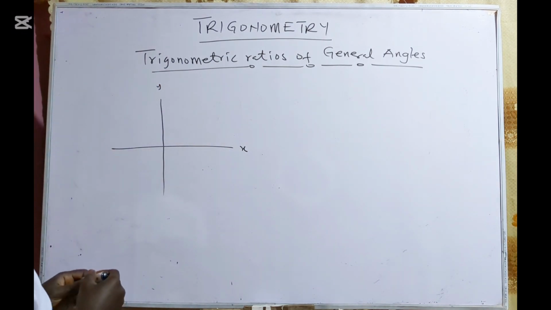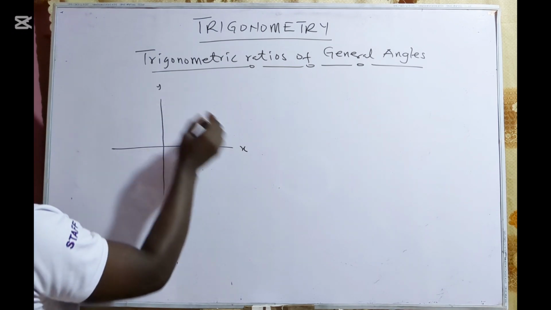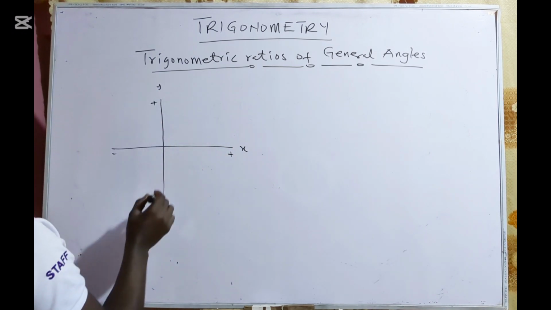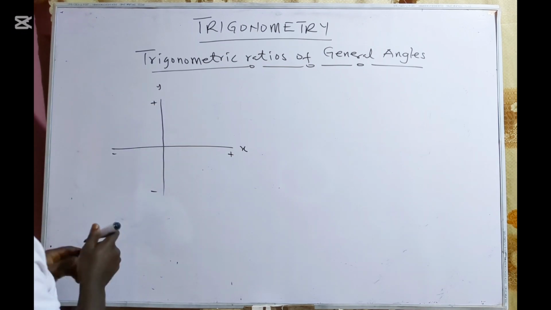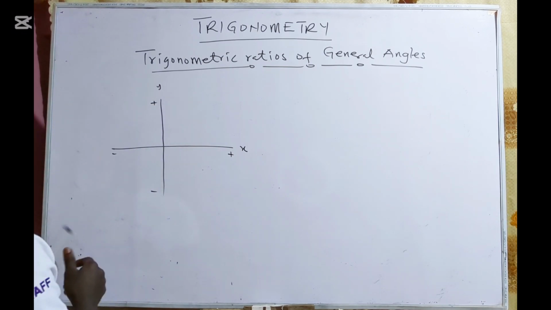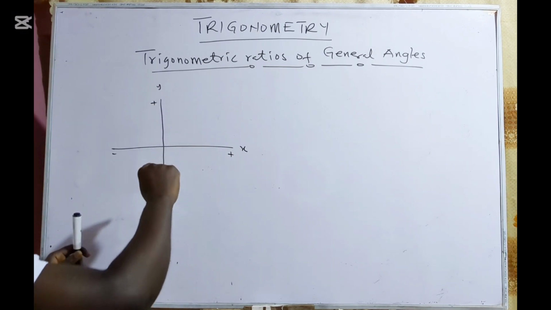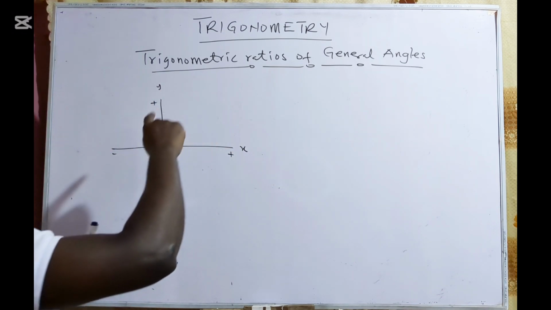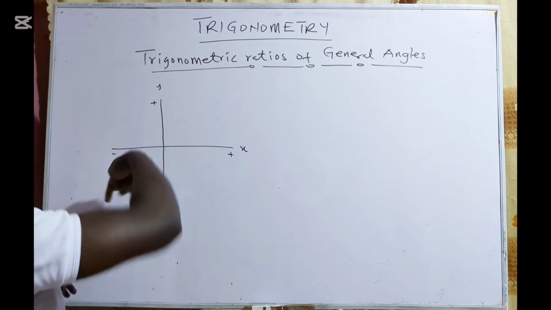Angles are measured from the positive x-axis here, the negative, the positive y-axis, and the negative y-axis. So we measure the angle from where? From the positive x-axis in an anti-clockwise direction, anti-clockwise this way.